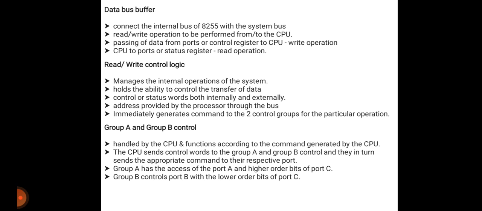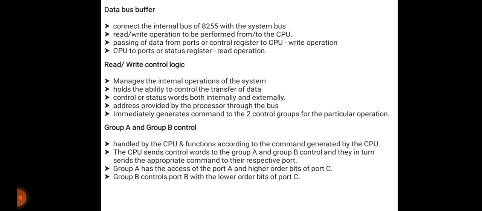In this unit, it manages the internal operations of the system. This unit holds the ability to control the transfer of data and control or status word, or both, internally or externally.